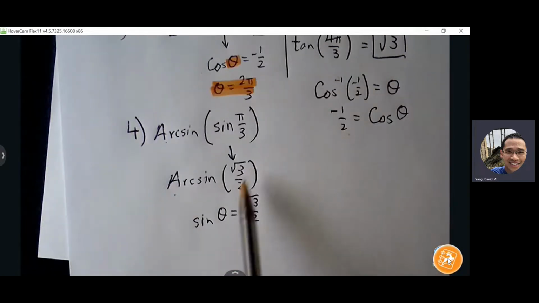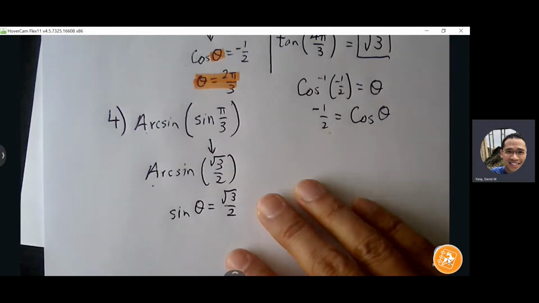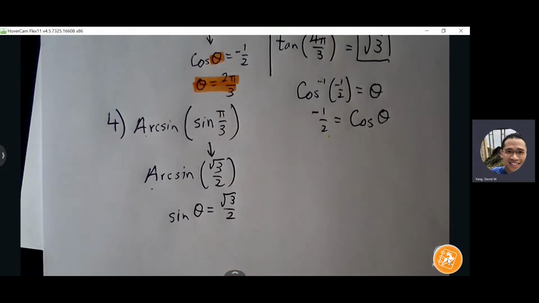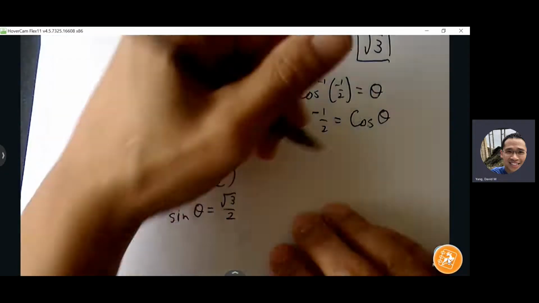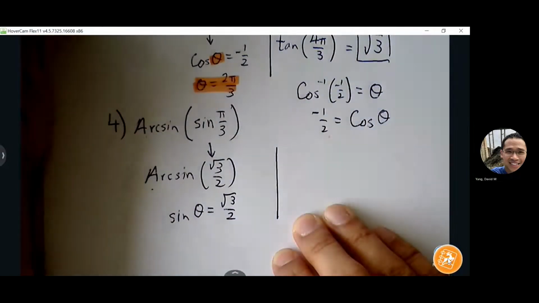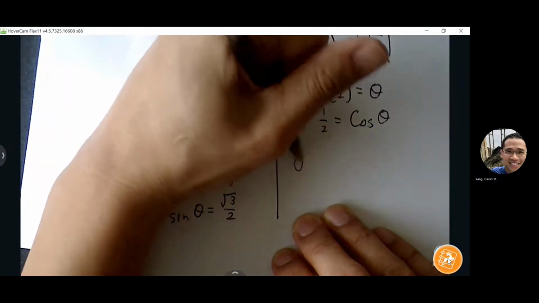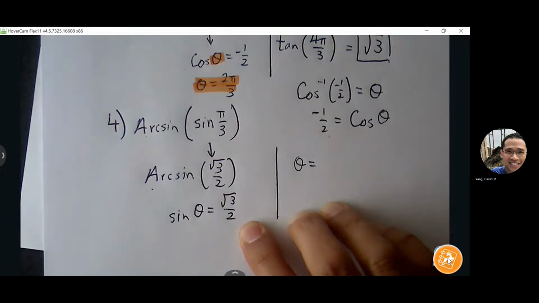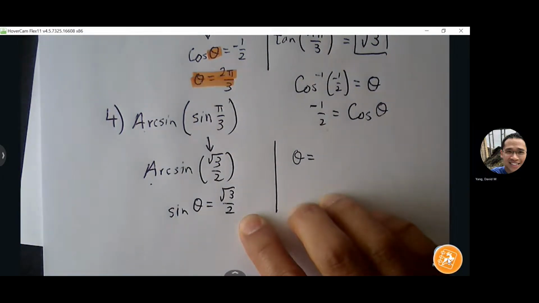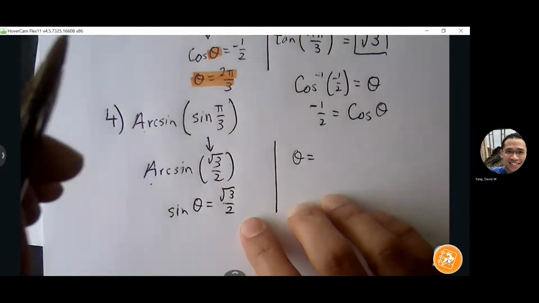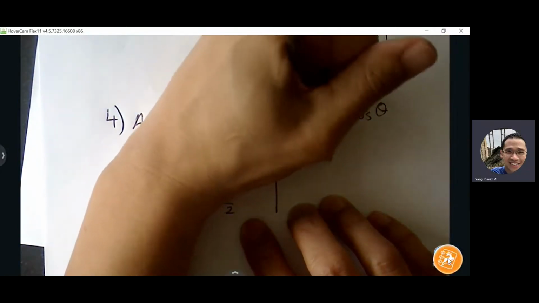But if it's positive, first quadrant, right? So sine of theta, what theta value will allow sine to be root 3 over 2? Pi over 3.